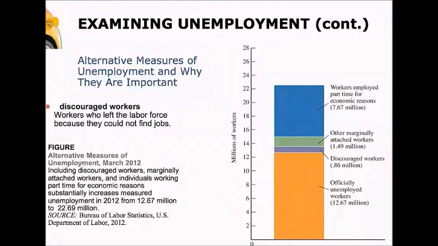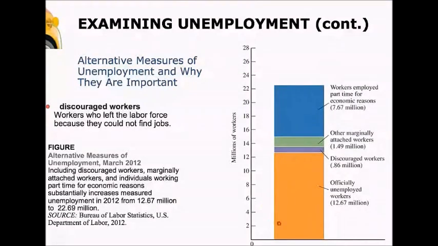So if we look at March of 2012, the estimate of the number of discouraged workers was about 0.86 million, or 860,000. That's on top of the officially unemployed workers of 12.6 million. There are other marginally attached workers of about 1.5 million. And we had workers that were employed part-time that might prefer to be working full-time.